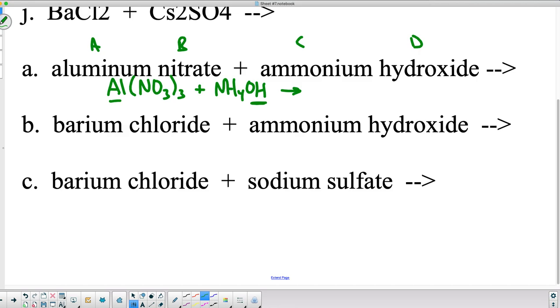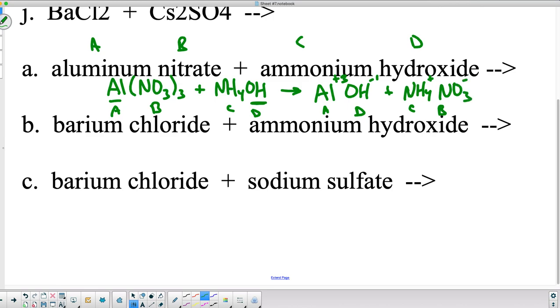So let's go through and see if we can get the A, the B, the C, and the D. So the A is Al with a +3, and the D is an OH with a -1. Okay, so on the right-hand side, for the next part, the C, this is A, by the way, and this is D. And my C and B is NH4 with a +1, and NO3 with a -1.